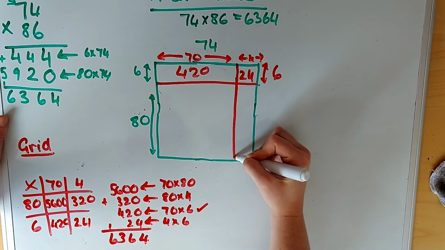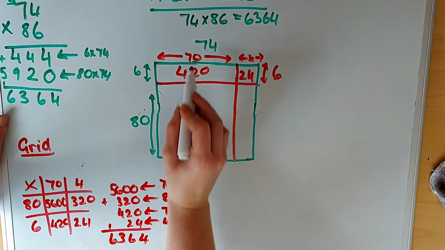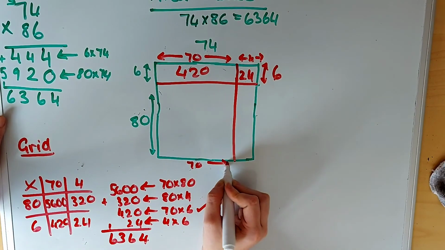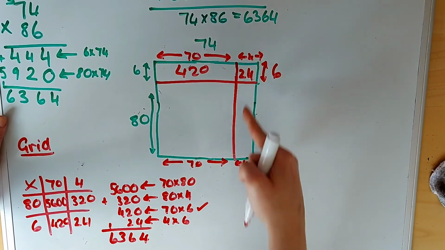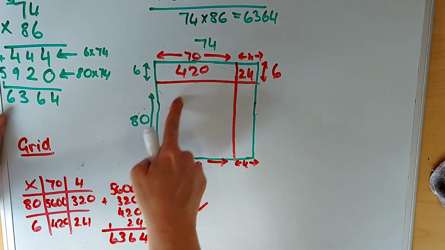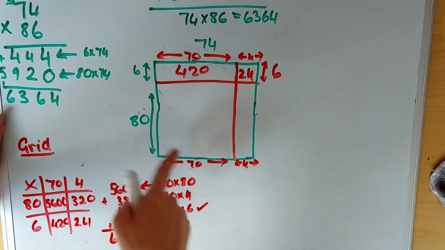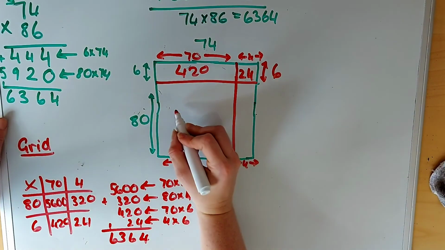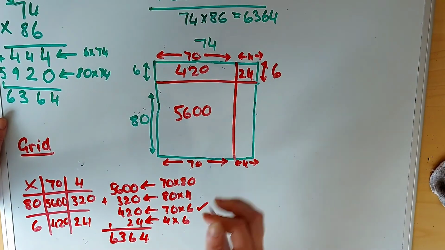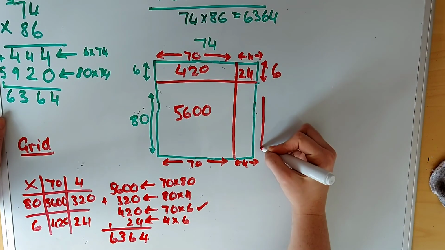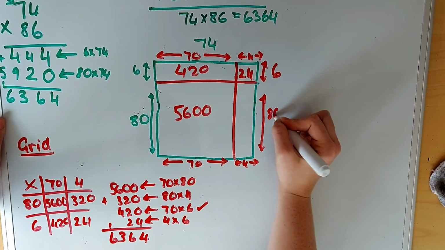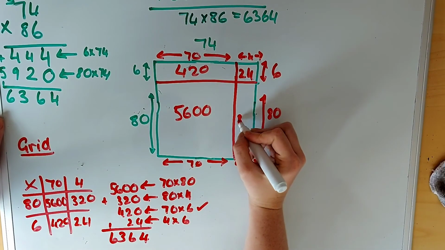If I carry this on, this part will be exactly the same. So 70 along there and 4 along there. So this rectangle is worth 80 multiplied by 70, which is 5,600. And this part is going to be worth 4 multiplied by 80, which is 320.